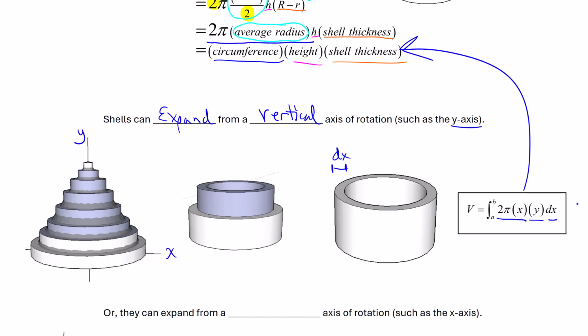Now again, that's going to determine our variable of integration. It all starts to tie together, but we're seeing now that when you expand from a vertical axis, you have a horizontal thickness, a dx. Let me label that as thickness so we keep that straight. Thickness is something we've been using even in our previous topic with the discs or washers. We talked about thickness. And so in this case, it's a horizontal thickness, dx.